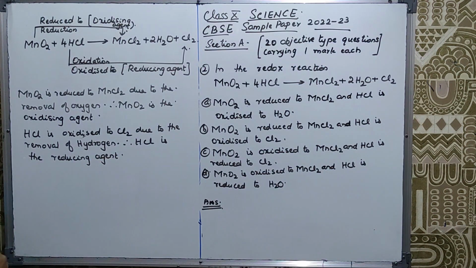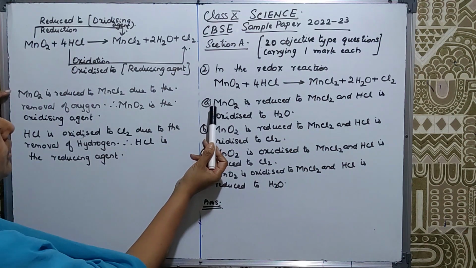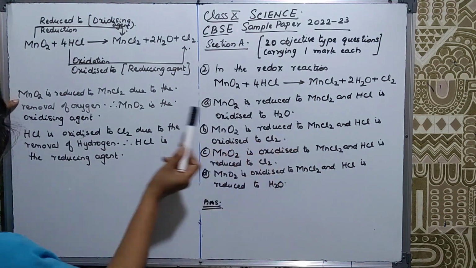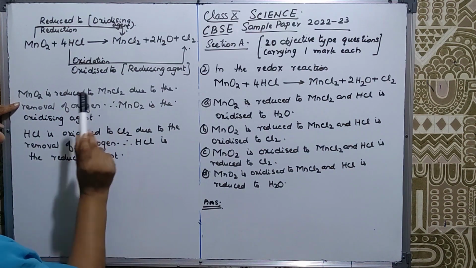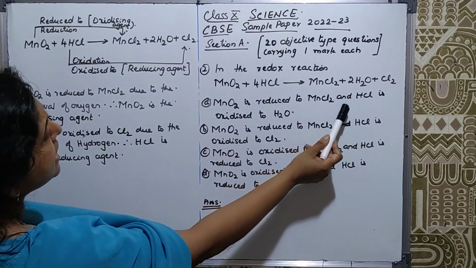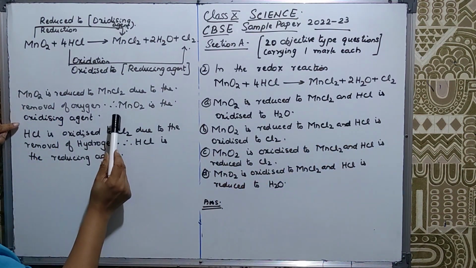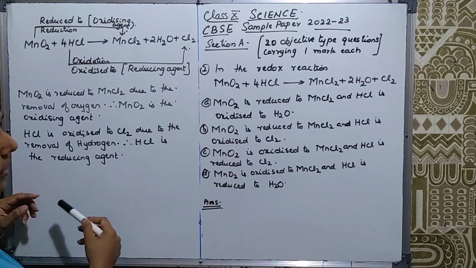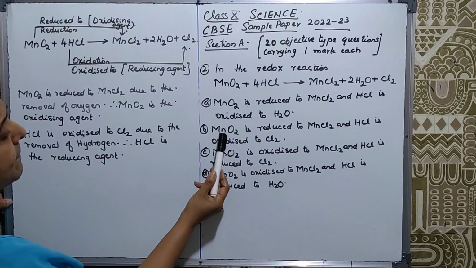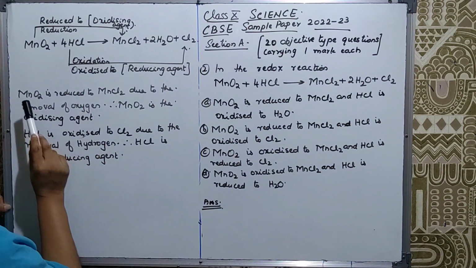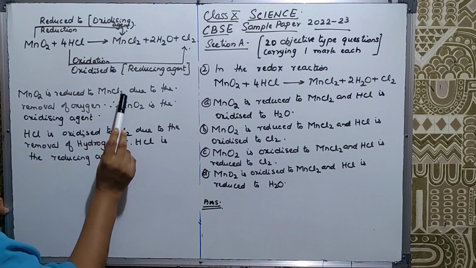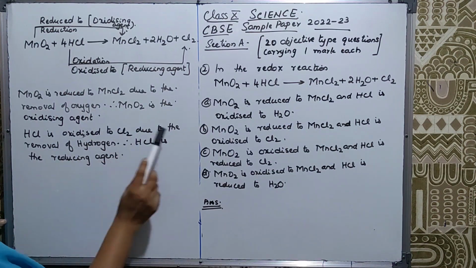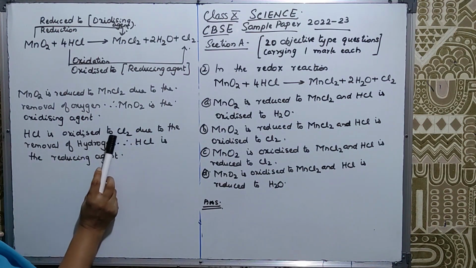Now we will identify which of these choices is the correct option. In A, MnO2 is reduced to MnCl2, that is correct, but HCl is oxidized to water is not correct, HCl is oxidized to Cl2. So the first option is wrong. In B, MnO2 is reduced to MnCl2, correct, and HCl is oxidized to Cl2.